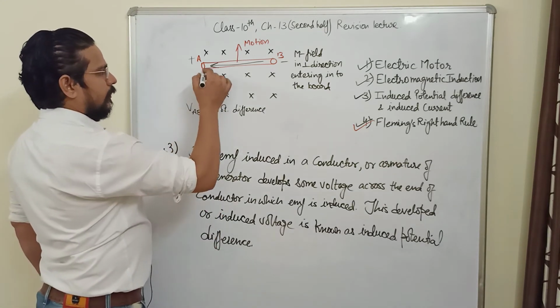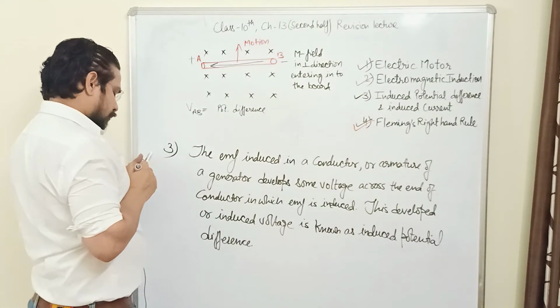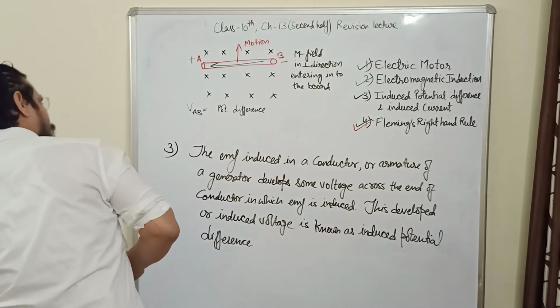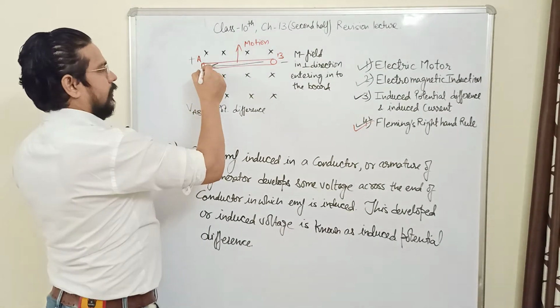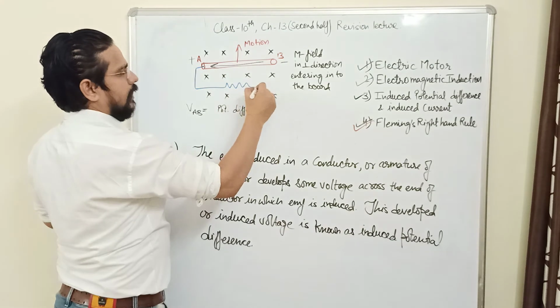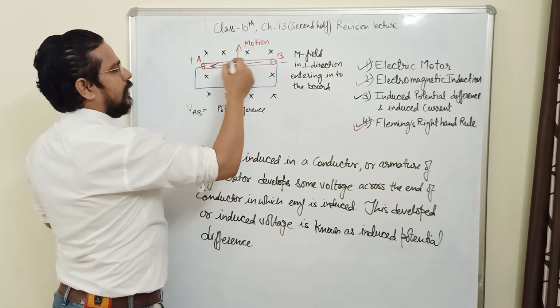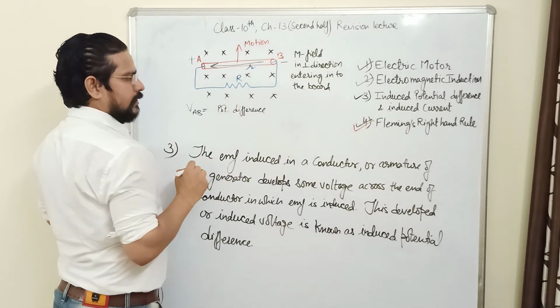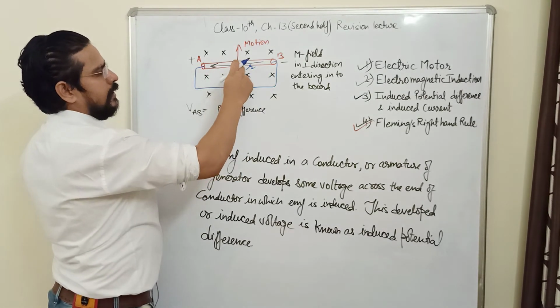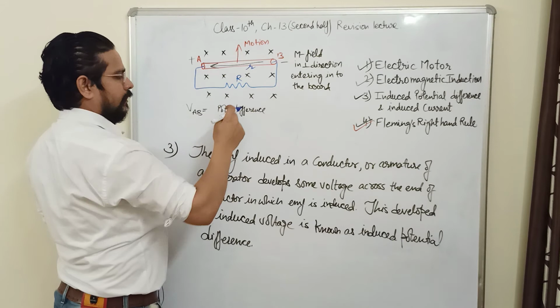Now if I will connect some external resistance R with this induced voltage, and let us say this conductor is having small r resistance, then these two resistances are in series.